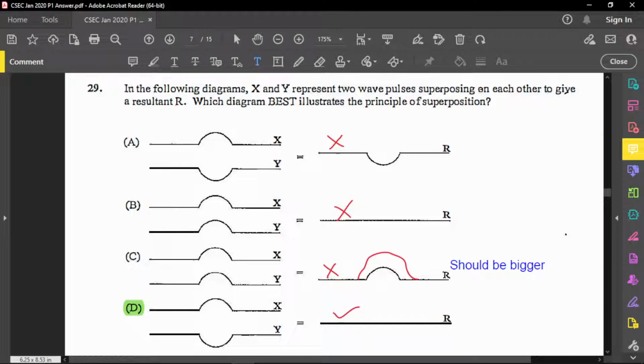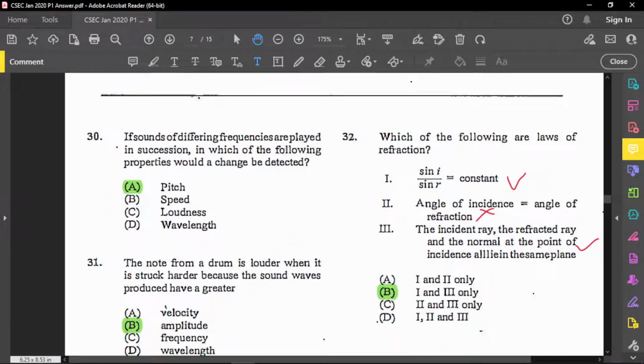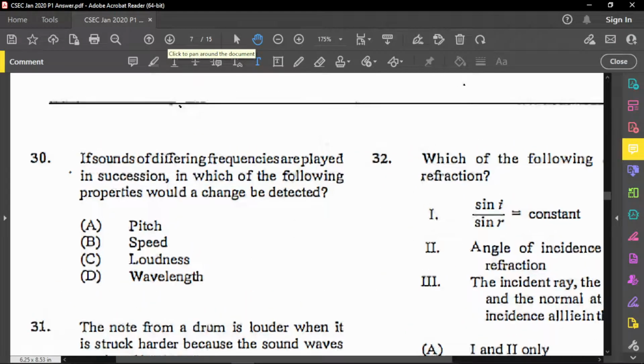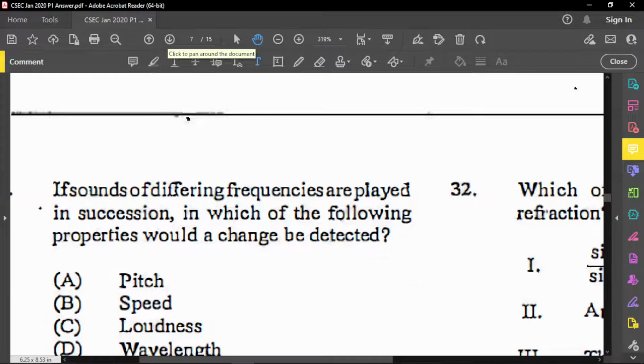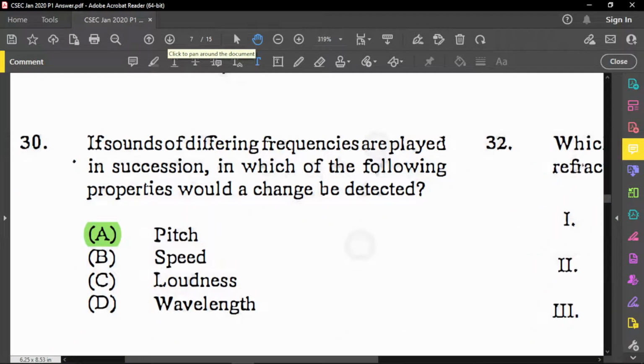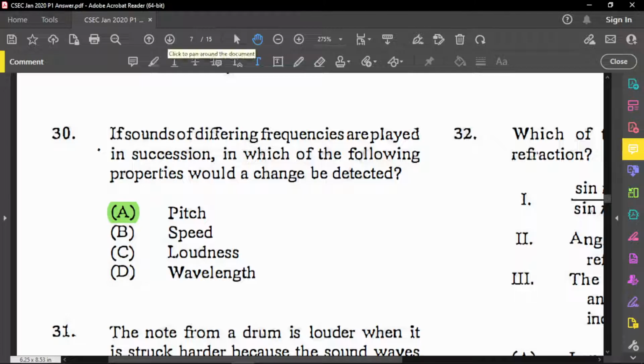All right, and so let's jump now into the next question, which is question number 30, halfway through. Let me just zoom into this, because the printing on this paper is not that perfect. It says, if sounds of different frequencies are played in succession, in which of the following properties would a change be detected?